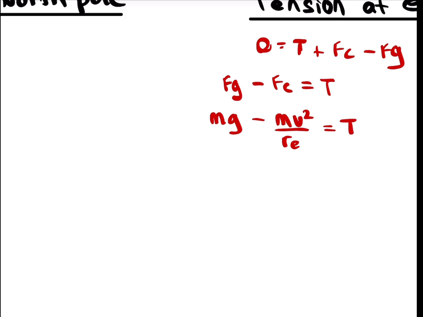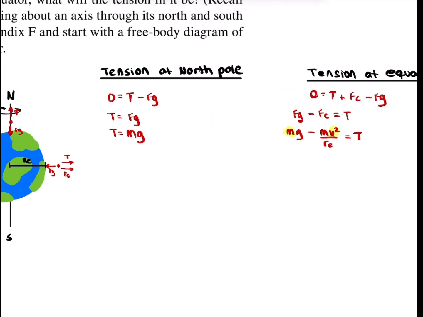Now, in this equation, we're solving for tension, yet we still don't know the mass of the elf, and we also don't know the tangential speed of the elf on the equator. So let's start off by solving for the elf's mass.